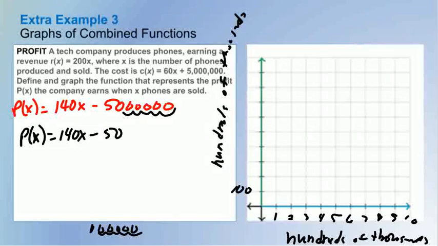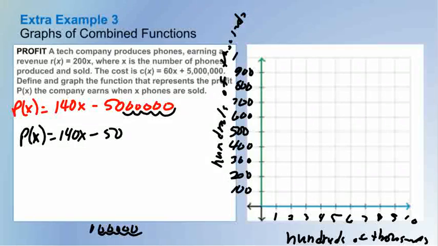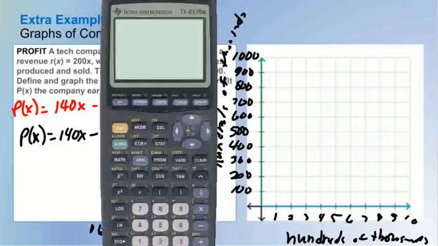And count by 100s here. That's 20 million, 30 million, 40 million, 50 million, 60 million, 70 million, 80 million, 90 million, and this one would be 1 billion, or 100 million. Okay, so now on our calculator, we could actually put that in.